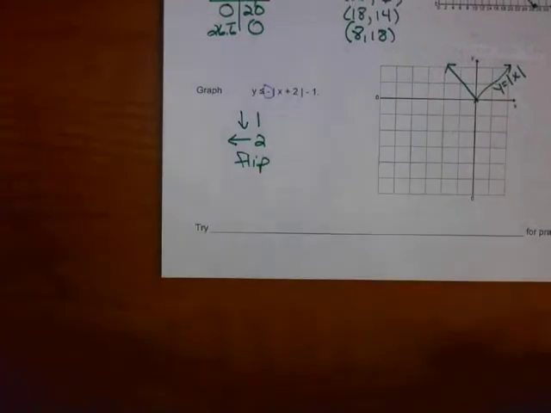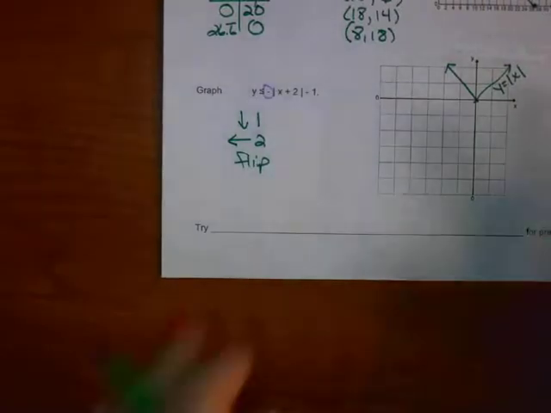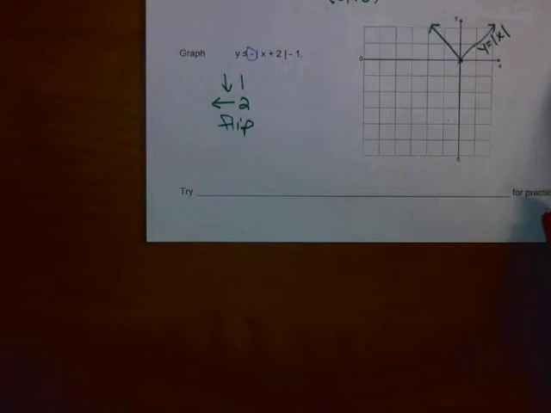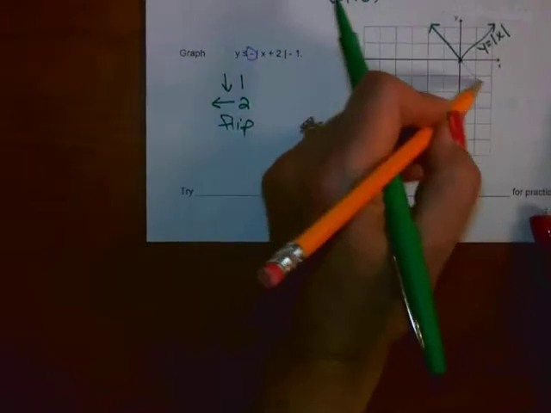But because this is a normal absolute value, and we're not multiplying by 2 or 1/3, all you're going to end up doing is shifting and flipping. So we could flip first if you want. Let's flip first.